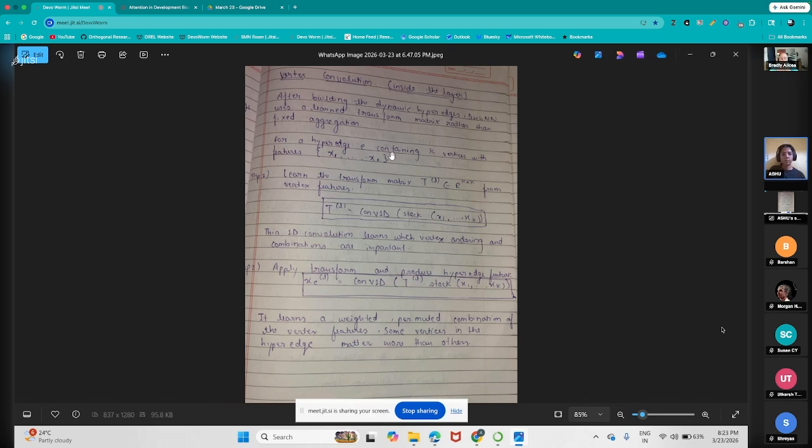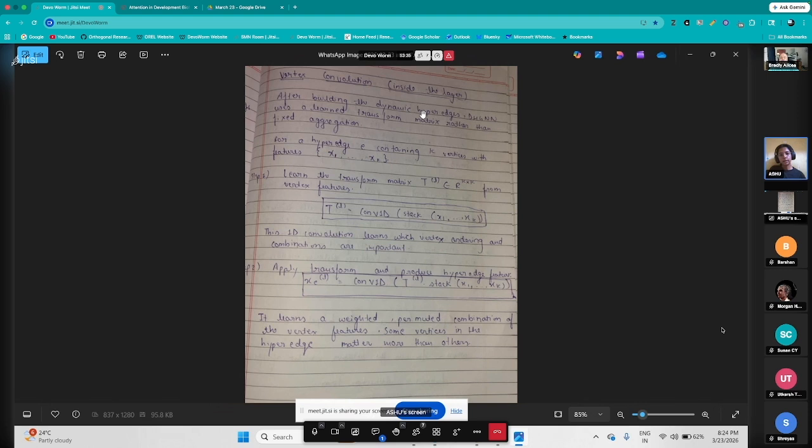Like in the dynamic hypergraph, it evolves layer by layer, so this vertex convolution is present in every layer. In the first layer, the hyperedges are made using the current data, and for layer 2, the previous embeddings are also considered.